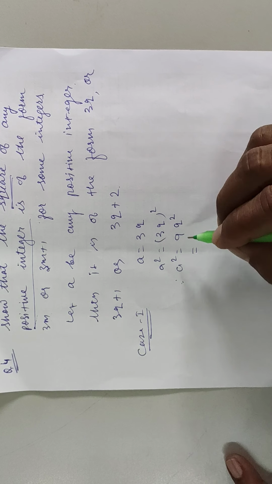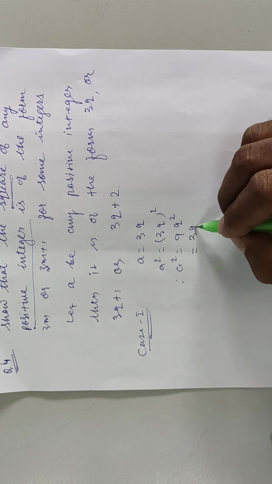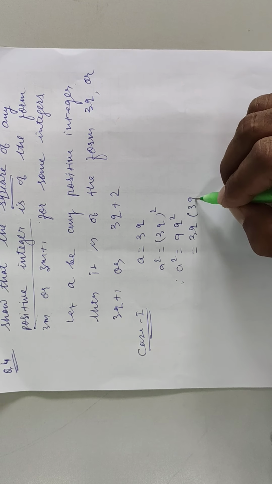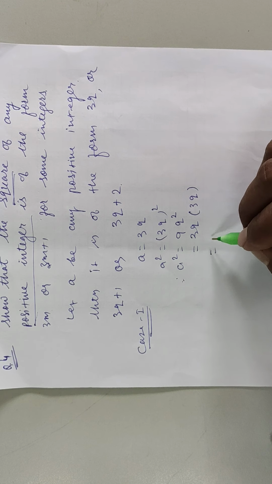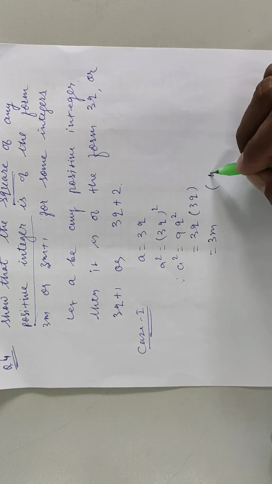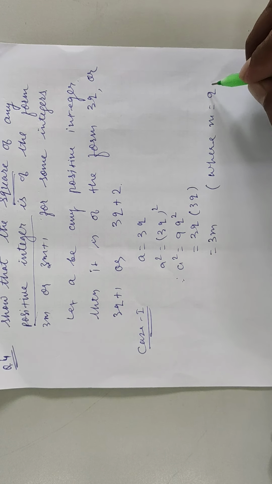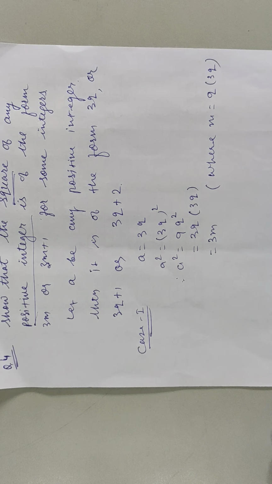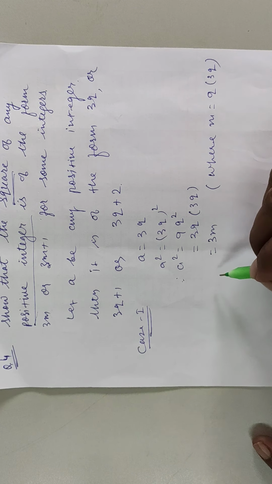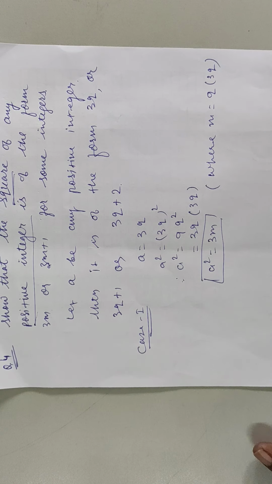Now, taking 3q common, 3q remains. Therefore, 3m, where m is equal to q into bracket 3q. So the square of any integer is of the form 3m.